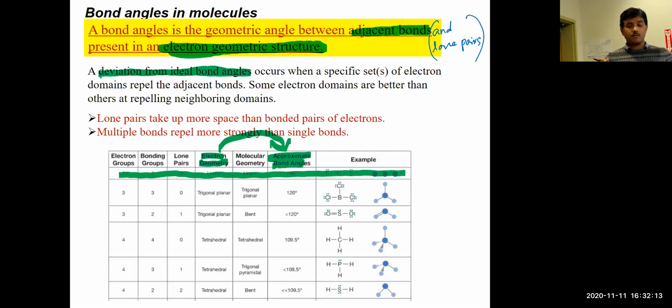In this case, it has a perfect 180 degrees bond angle, which is what it should ideally be. However, when the electron-domain geometry has lone pairs, instead of perfectly splitting the ideal bond angle, those lone pairs or double bonds will influence the actual bond angles between bonds and deviate from them. It skews the perfect bond angle.